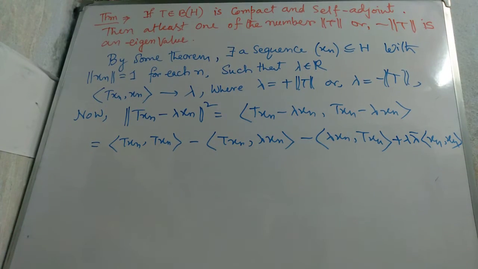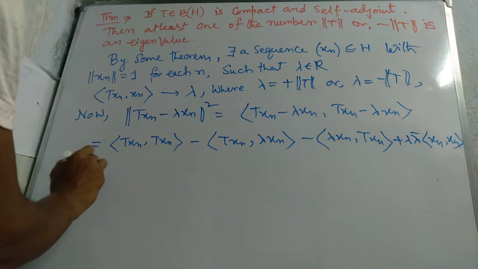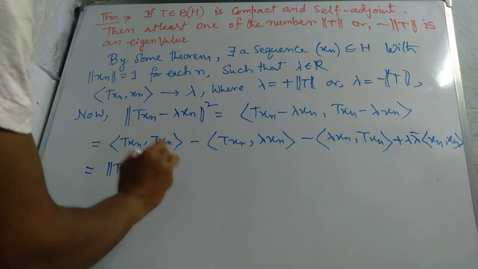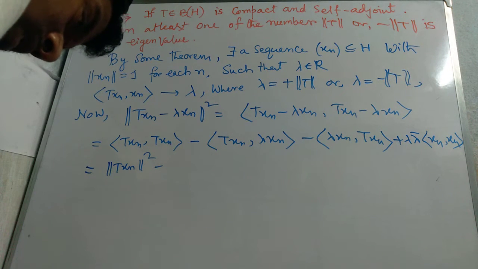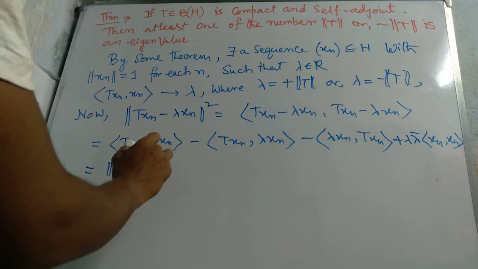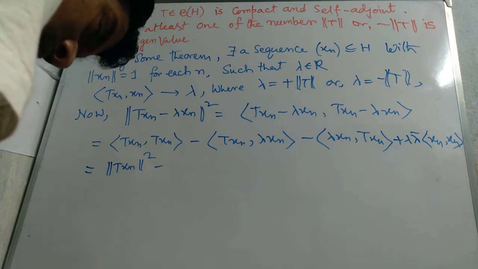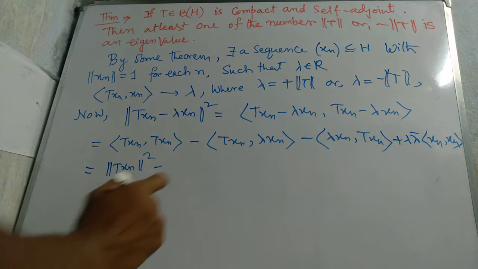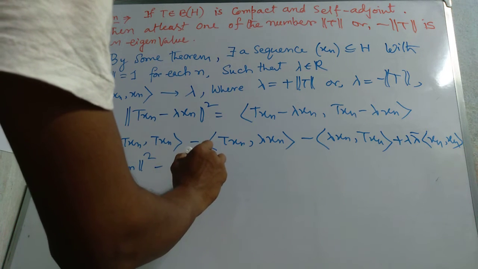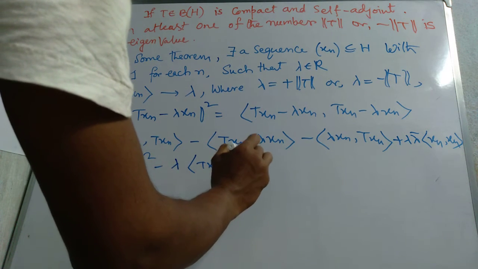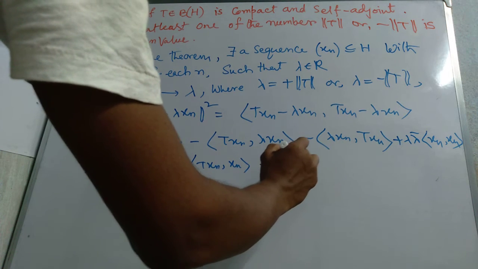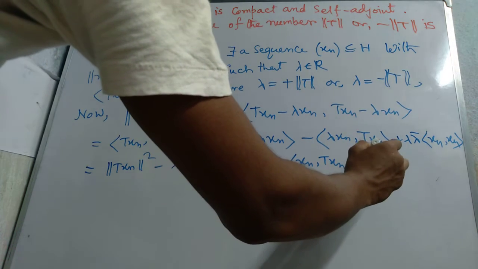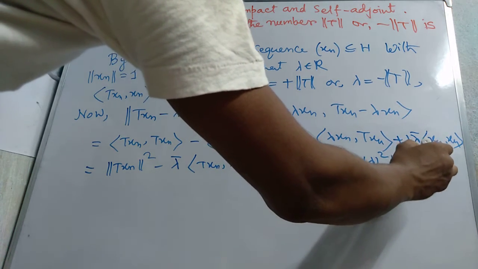Okay, then this one, the norm of Tx_n squared difference. Here this one is lambda Tx_n and lambda x_n, and here also lambda x_n, Tx_n, here lambda squared norm of x_n squared.